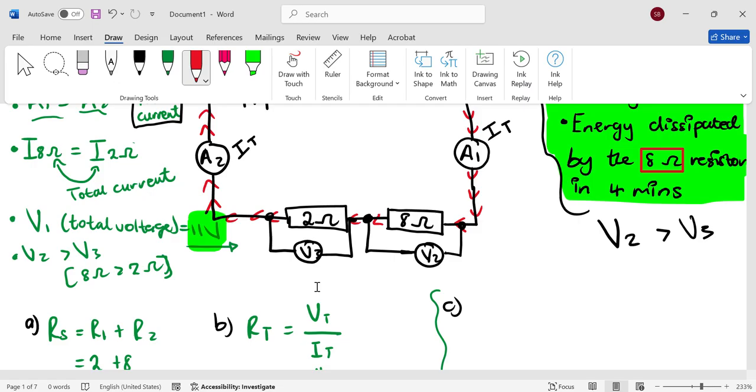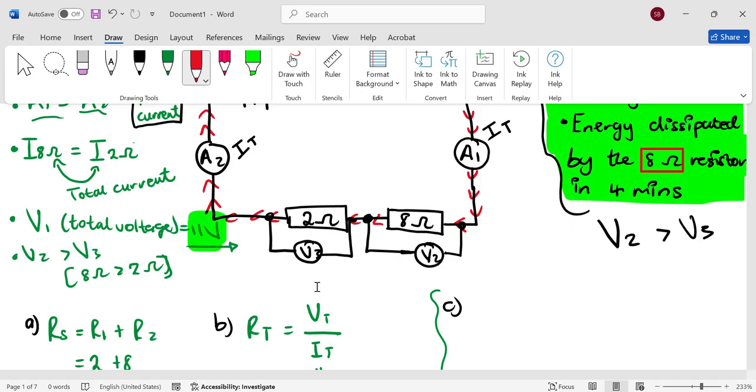So if you're focusing on the 8 ohm, you must use everything 8 ohm. That is, you must use the 8 ohm resistor as well as the voltage across the 8 ohm resistor. I really hope you guys can see that. So you have the 8 ohm resistor. That means if that's your focus, then you must use everything 8 ohm.